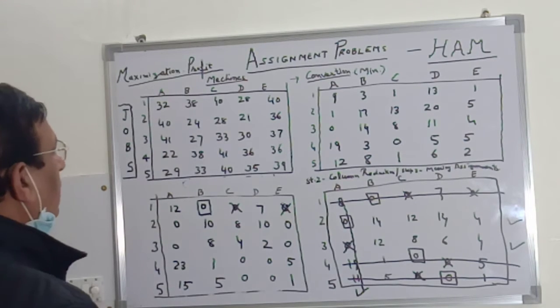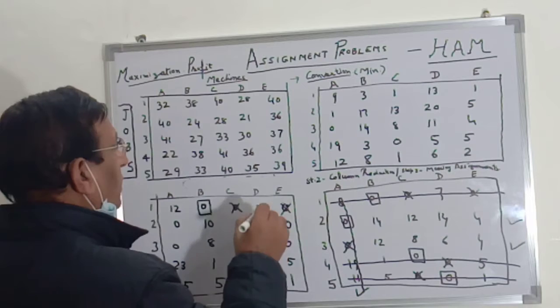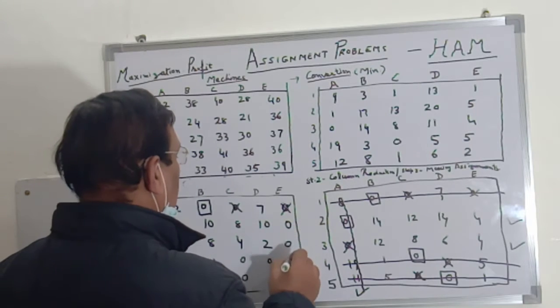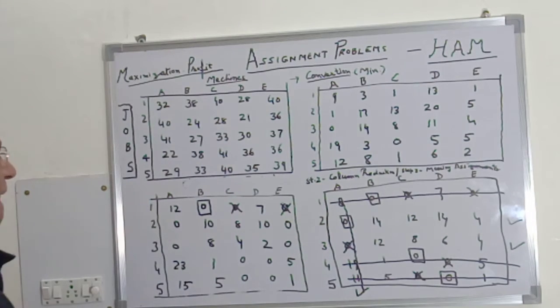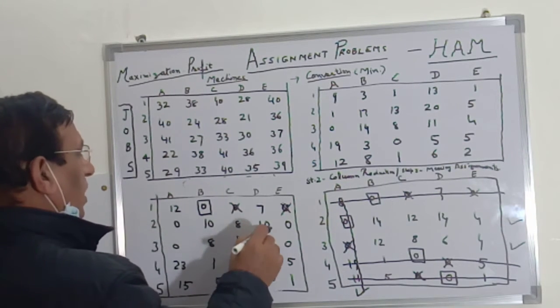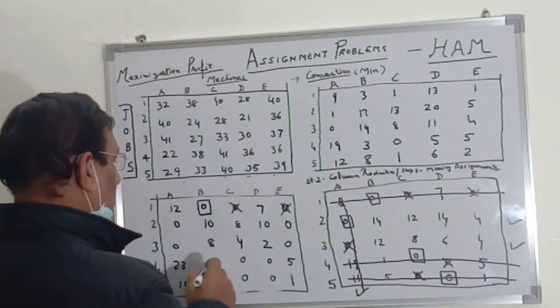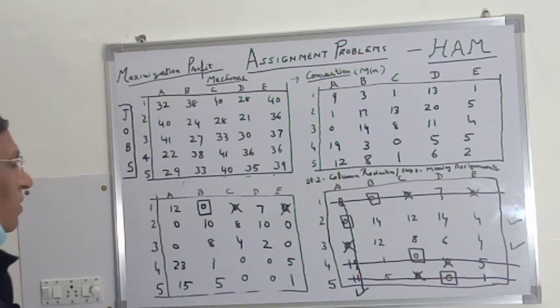Then third column 2 zeros, fourth column 2 zeros, fifth column again 2 zeros. Now come again to second row, again 2 0, third row 2 0, 2 0, 2 0. Now again we are stuck.